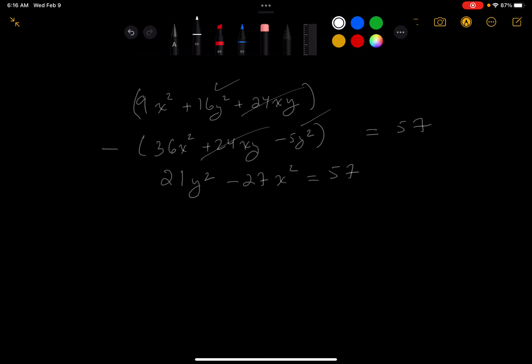All right, so let's take a look at it. It's divisible by 3 now. So what are you going to get? 7y squared minus 9x squared, and 3 goes into 57 19 times. So I'm going to say the first equation is as simple as it gets.